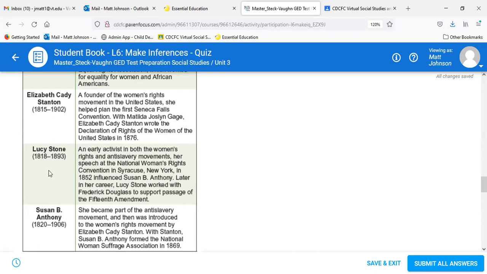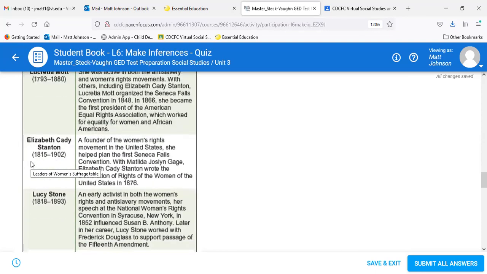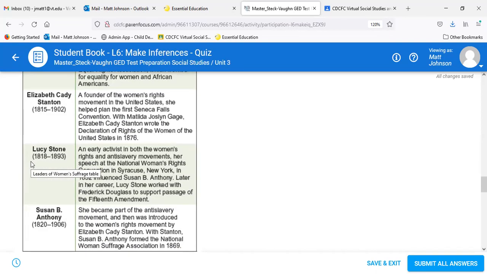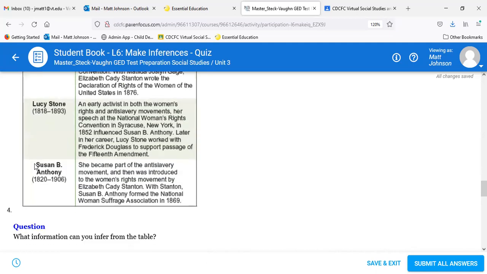From 1820 to 1906, she became part of the anti-slavery movement and then was introduced to the women's rights movement by Elizabeth Cady Stanton. With Stanton, Susan B. Anthony formed the National Women's Suffrage Association in 1869. So there's four of our really significant women in the suffrage movement.